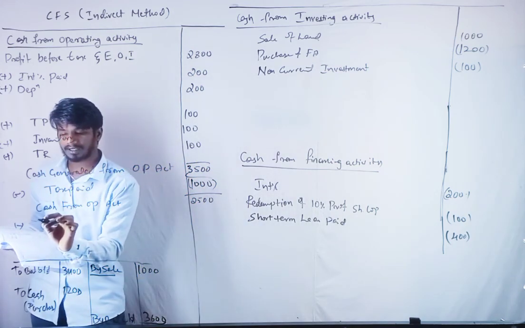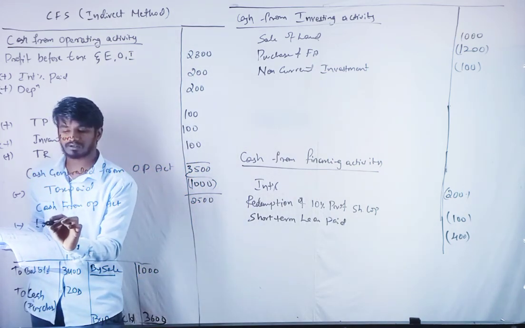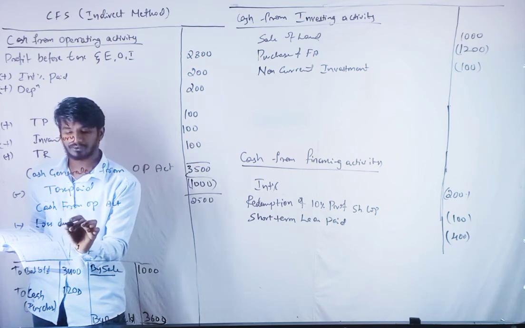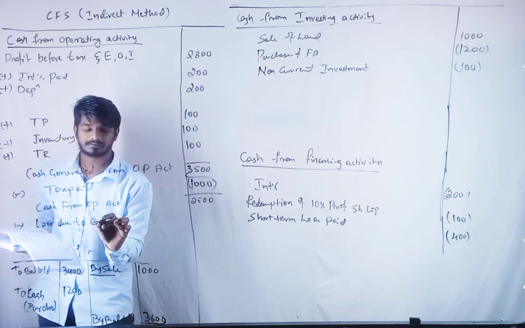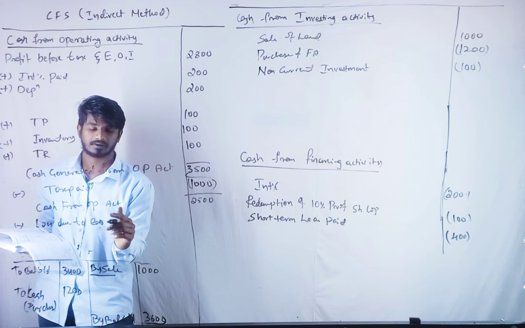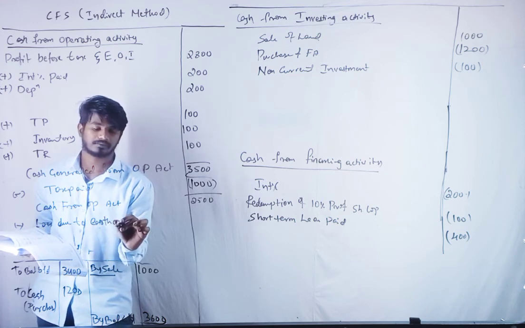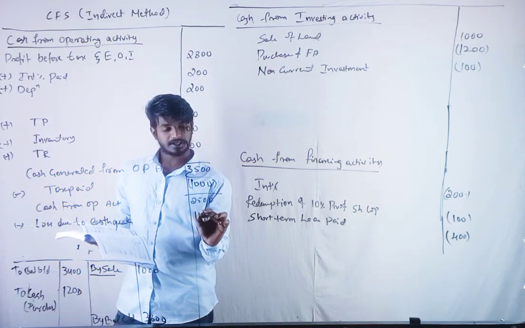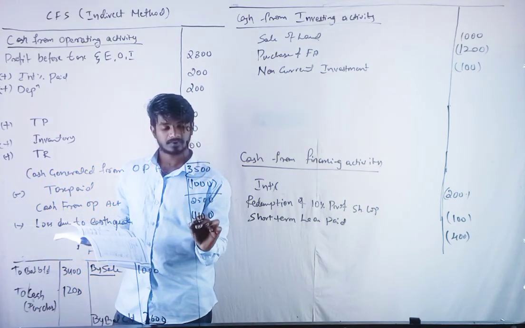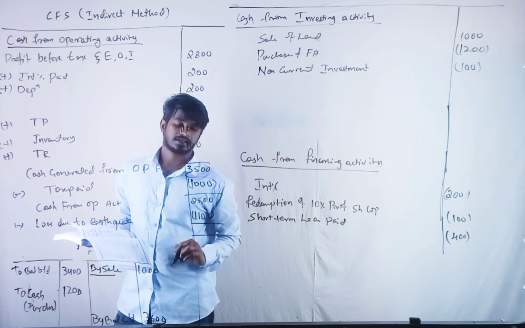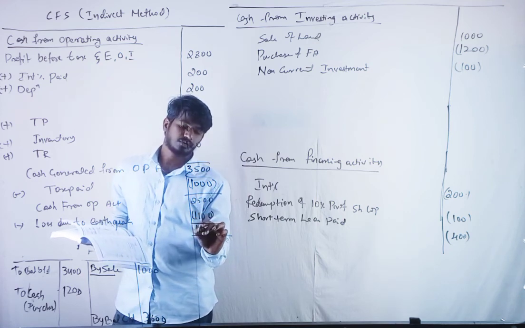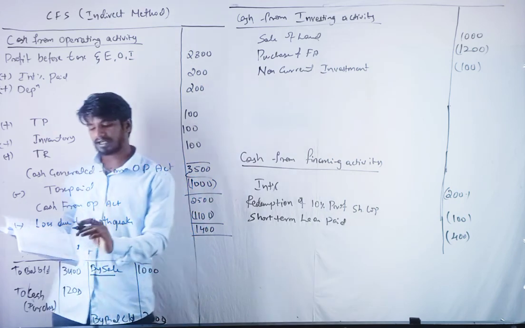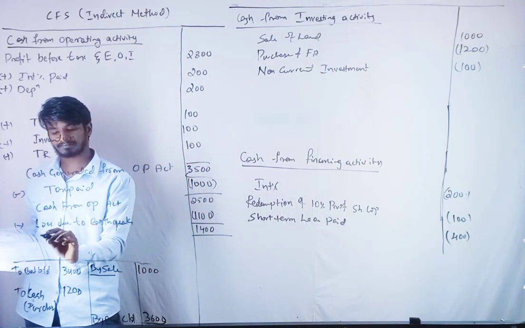Next, loss, right? We have a loss due to earthquake. How much is it? 1100, right? We will minus that. 1400.